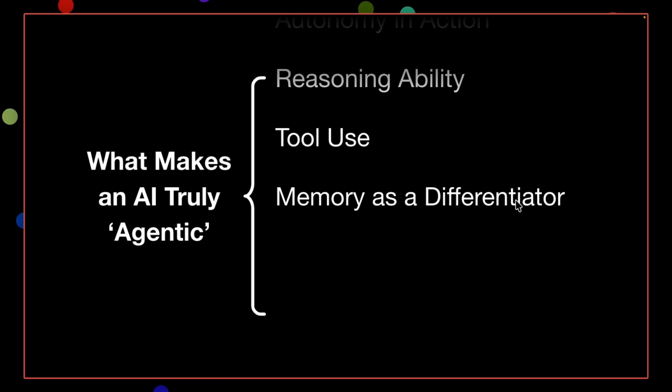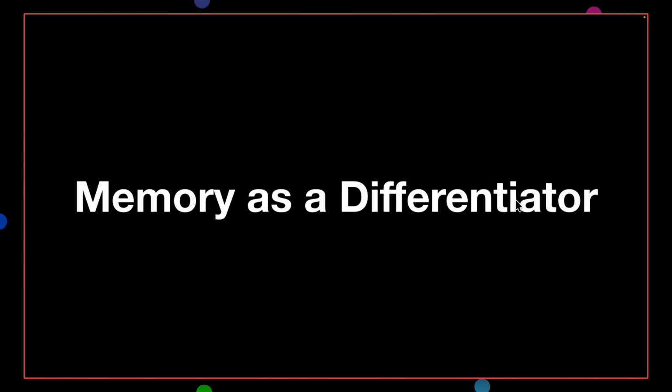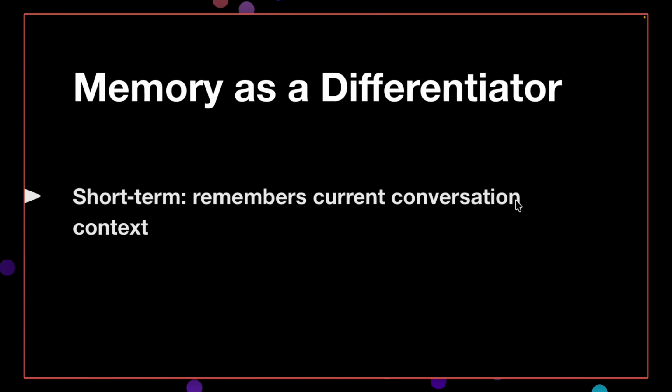Next, memory. I'll say it is a key differentiator between a chatbot and an agent. When we talk about memory, we have something called short-term memory, which means the agent remembers the current conversation.